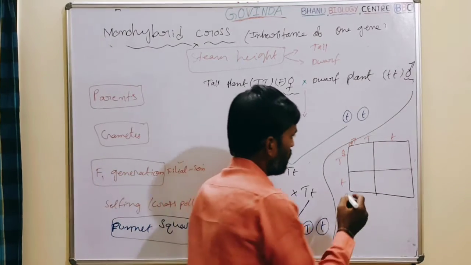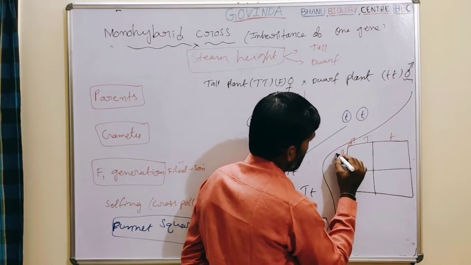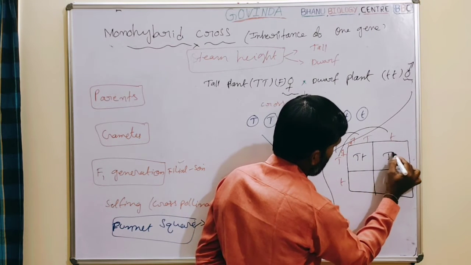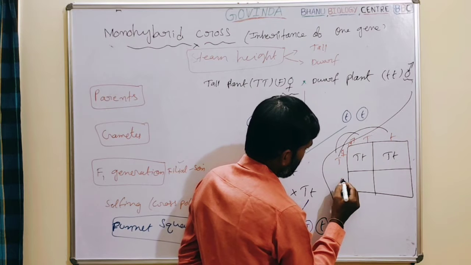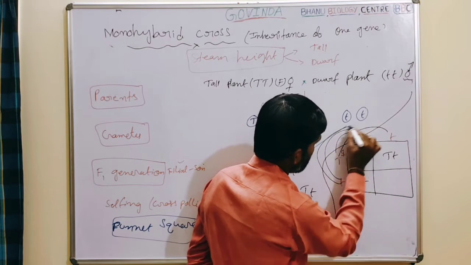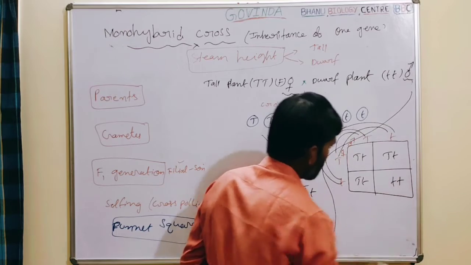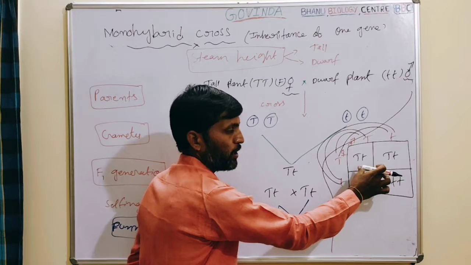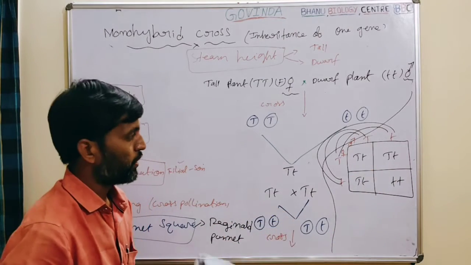Next, make a cross here: capital T, capital T, then small t, capital T, capital T, small t, finally small t, small t. This is the result we got in the F2 generation.